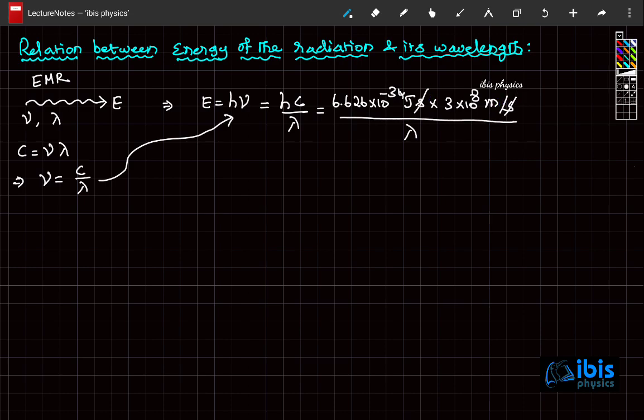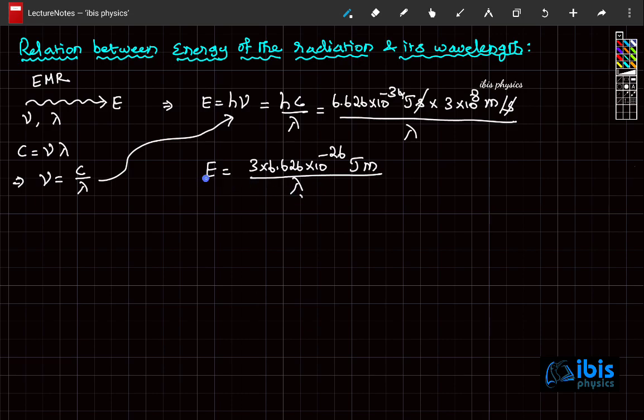The second and second will be cancelled. So basically we have E equal to 3 into 6.626 into 10 power minus 26 joule meter by lambda.